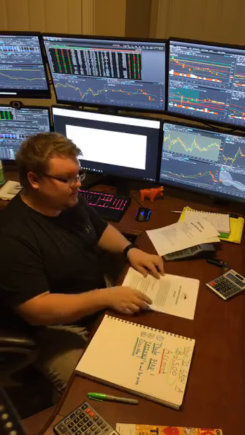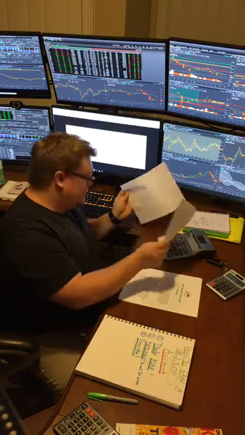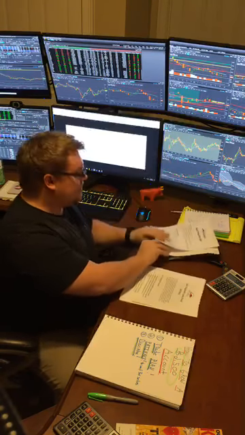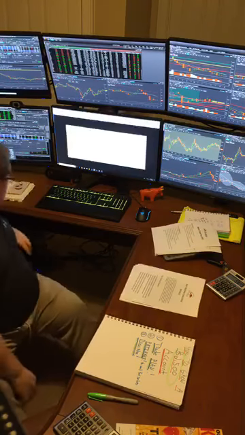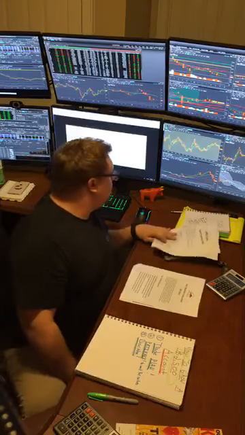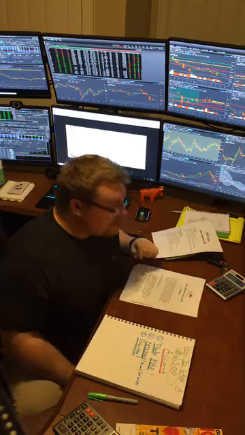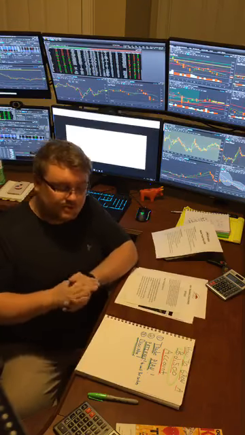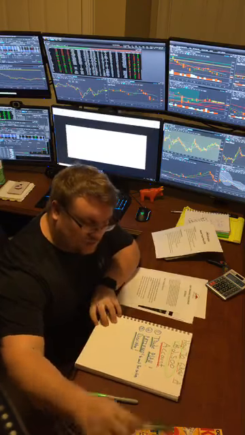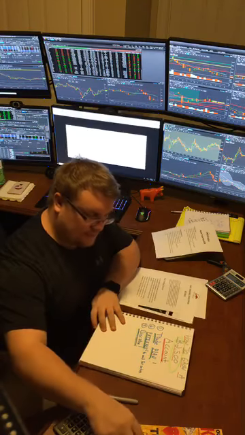I think the other one made a 38% return. So if that one made a 38% return and the other one made a 23% return, like I said, guys, let's watch this and see what happens now.